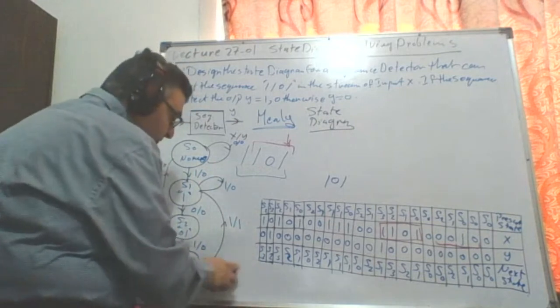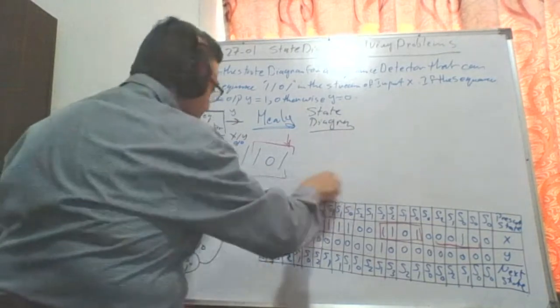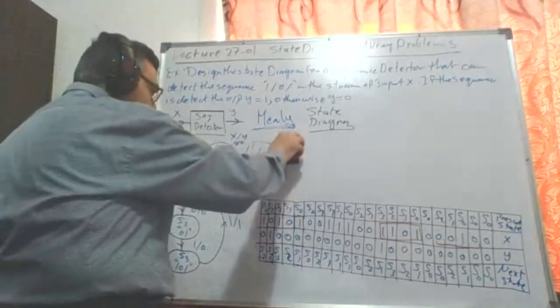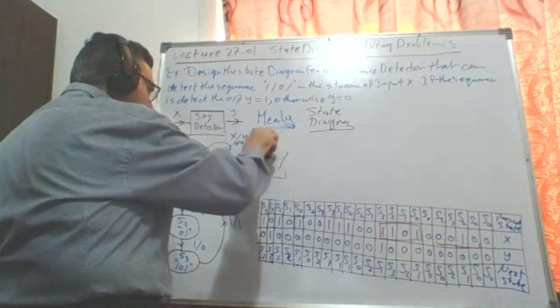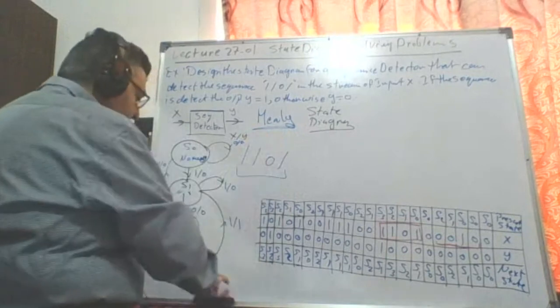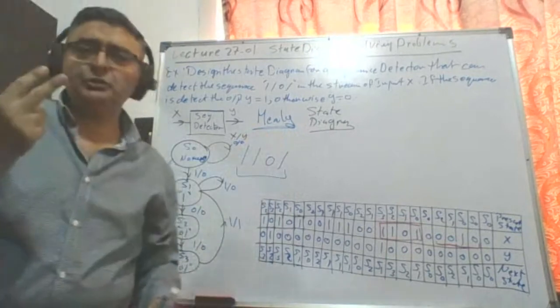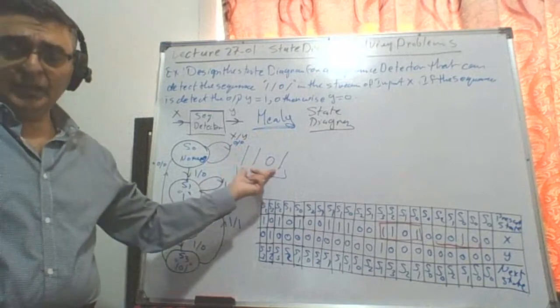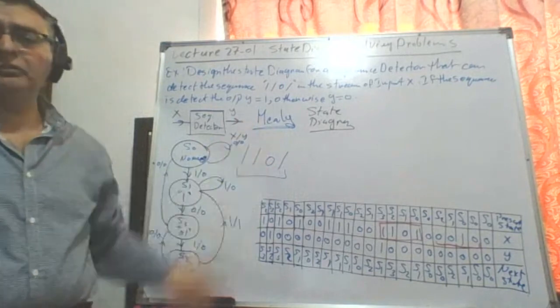The state diagram that we have developed here is the successful state diagram for the sequence detector that detects the sequence 1011. The problem for the sequence detector plays into two things: the sequence length and the pattern of the sequence.